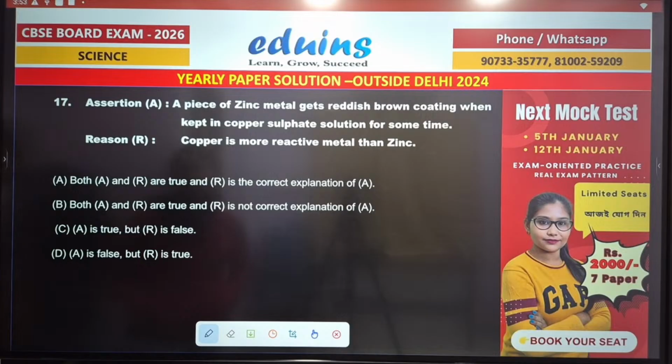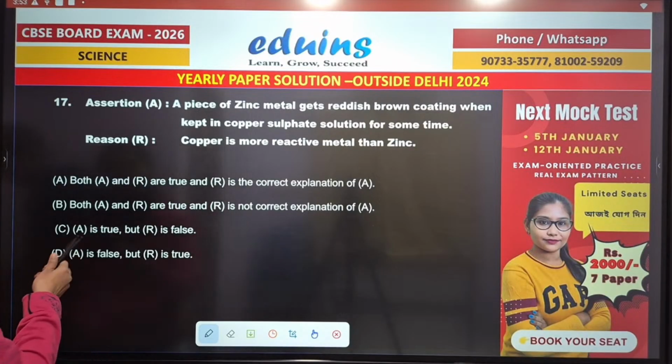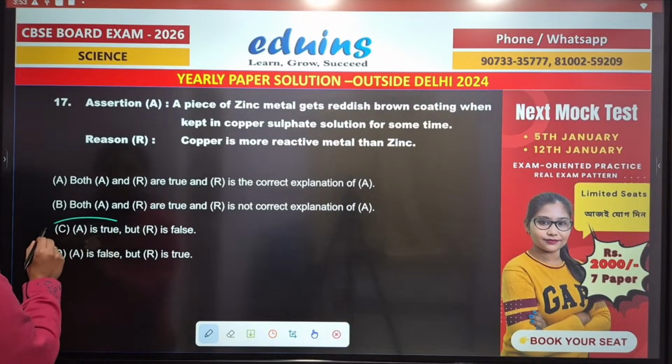Is it true? No, because copper is not more reactive than zinc. Zinc is more reactive than copper. So A is true but R is not true. So option C is the right answer. A is true but R is false.